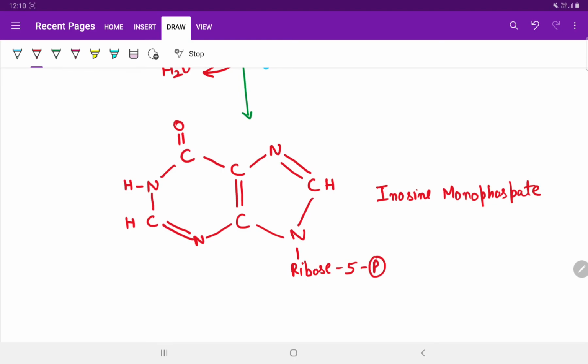So this inosine monophosphate molecule will further be metabolized to release the different major purine nucleotides, that are basically adenine and guanine. So how are these formed? Let us see.